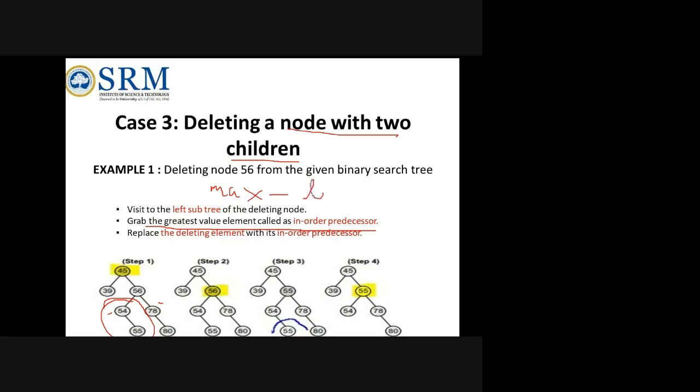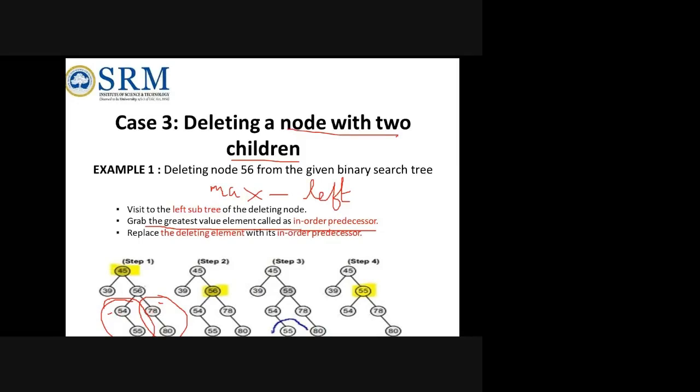The maximum from the left tree, from the node you are going to delete. Or another technique is also there. If you're not going to replace it from the left side, take the smallest value from the right side, because other further conditions should be satisfied. That's why we are not immediately transferring our left or right child to 56.